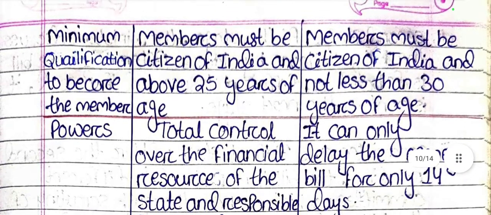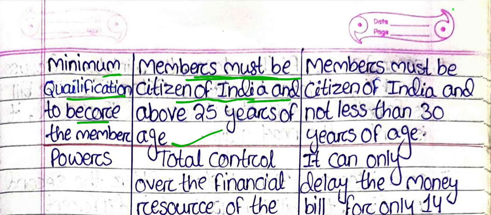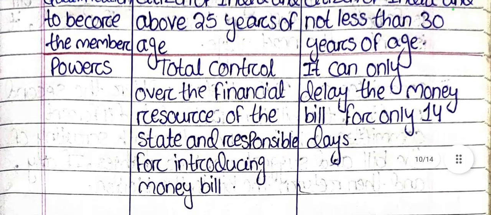Then minimum qualification to be a member. Assembly members must be citizen of India and above 25 years of age. Council members must be citizen of India and not less than 30 years of age.